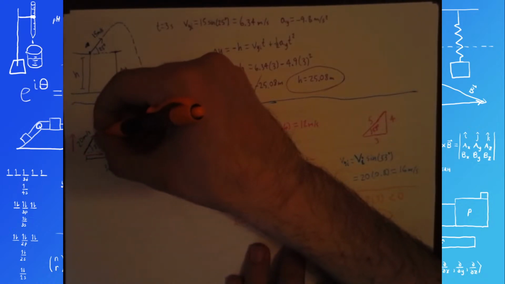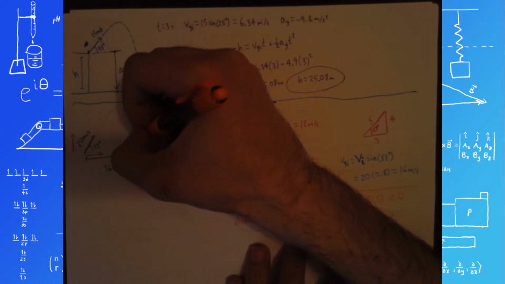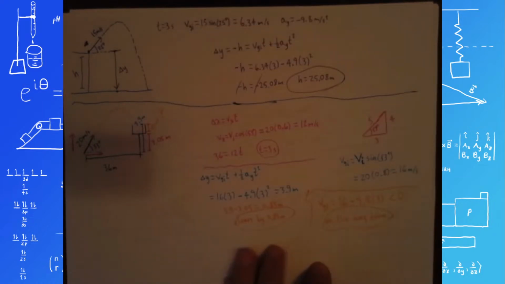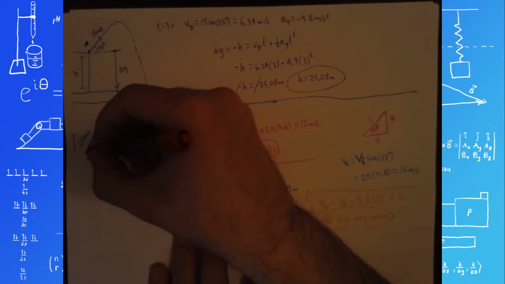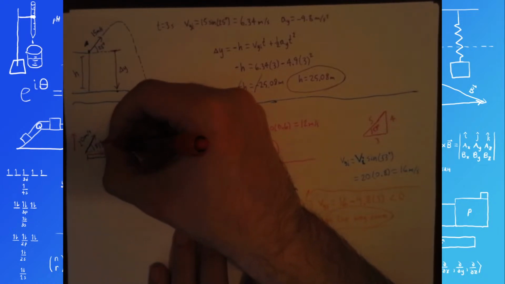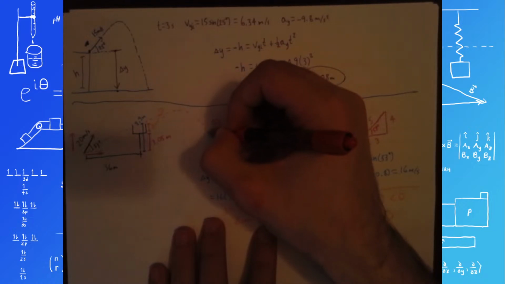So the actual trajectory looks like something like this. And not, I guess I'll do this in red, it is not this, right?